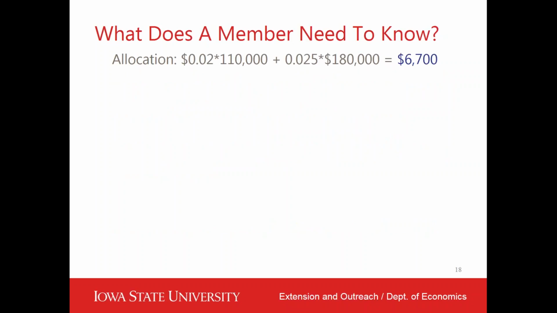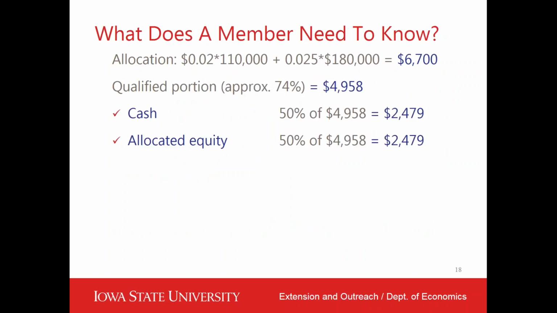So how does this break down? We can walk through this. The qualified portion, because there's a qualified portion which has implications for taxes and a non-qualified portion, we keep these separate. The qualified portion, which is approximately 74%, is $4,958. 50% of that came as cash. The member is going to receive a check or cash allocation for $2,479.